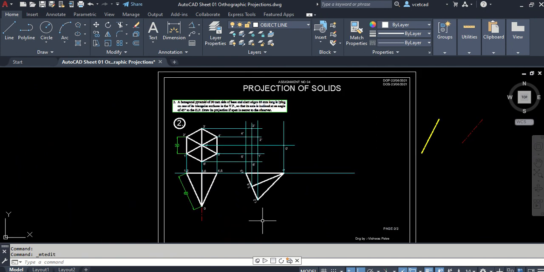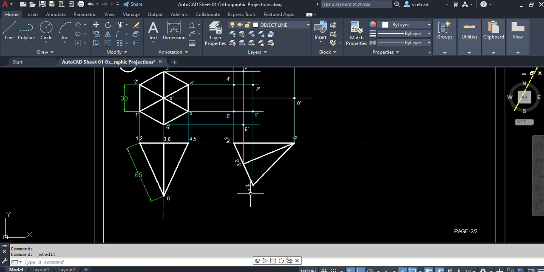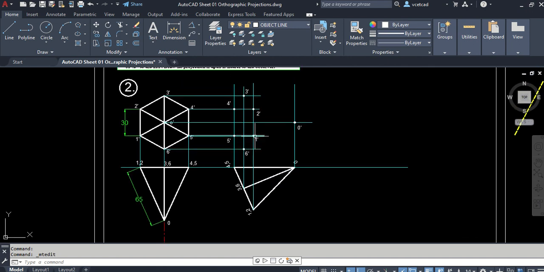The observer is standing wherever my cursor is; at that point the observer is there. So when he observes, he will get 1 to O as a dark line. So where my point 1 to O will be seen as a visible line, we can connect 1 to O and 1 to 2.